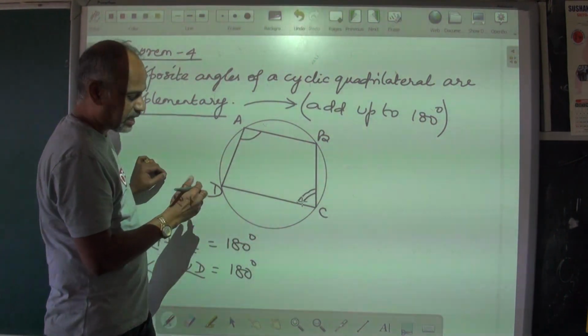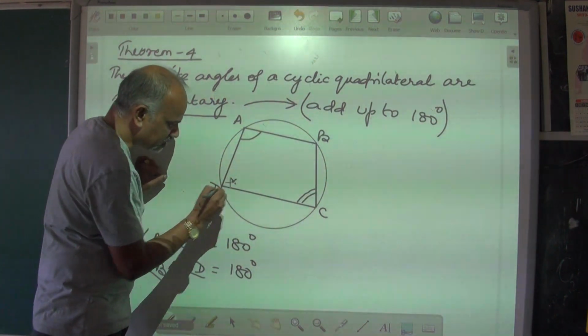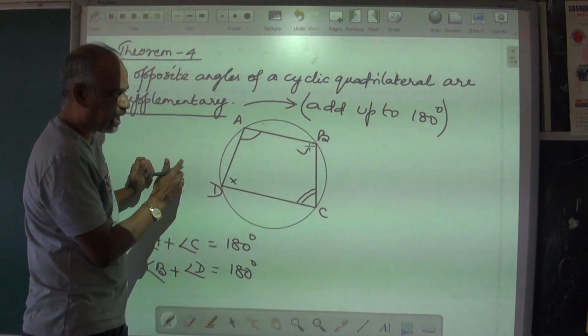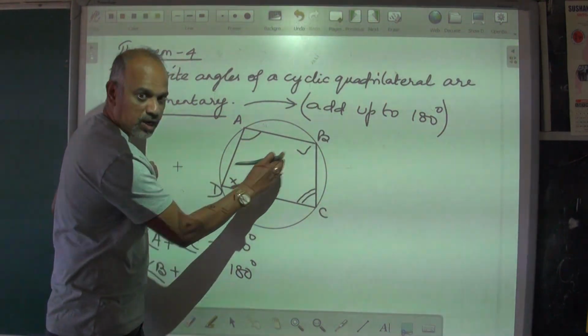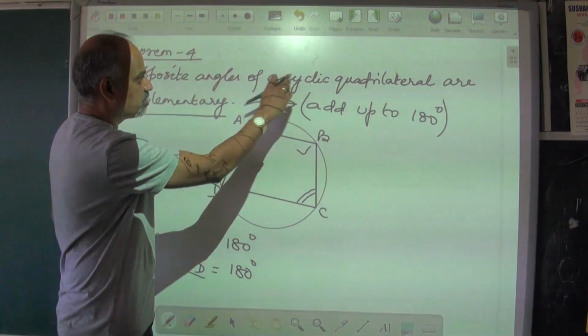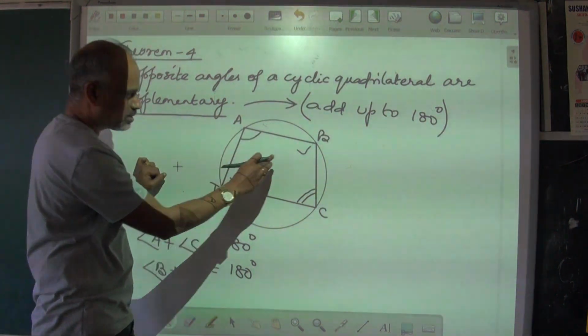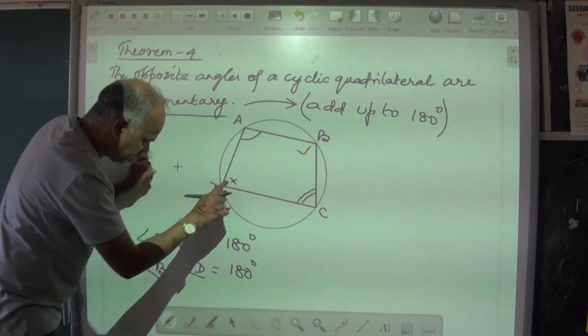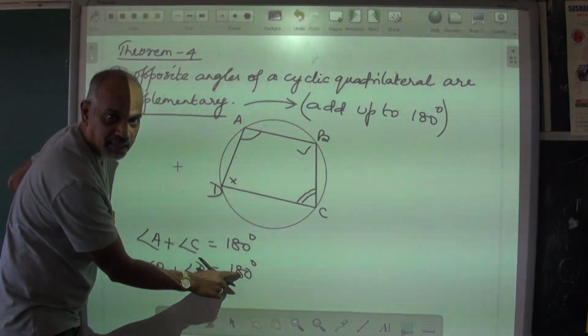The other two opposite angles are D and B. These two are opposite. Opposite angles of a cyclic quadrilateral are supplementary, which means these also add up to give you 180 degrees. That is, B plus D also gives you 180 degrees.